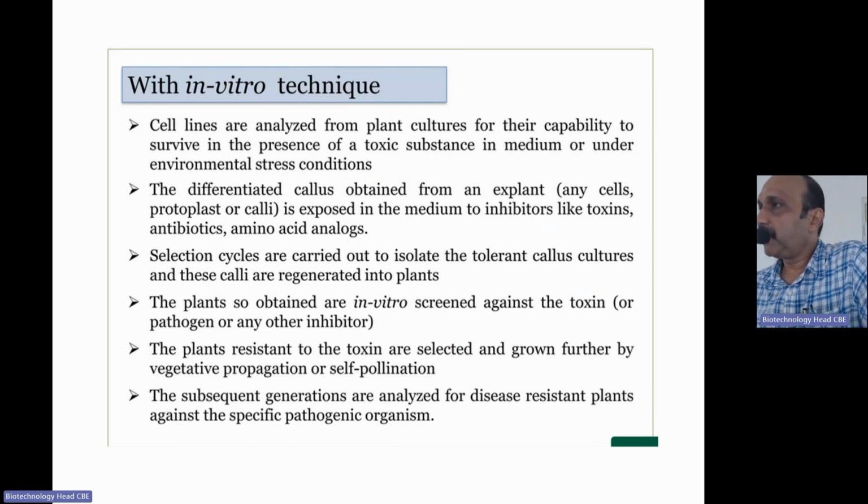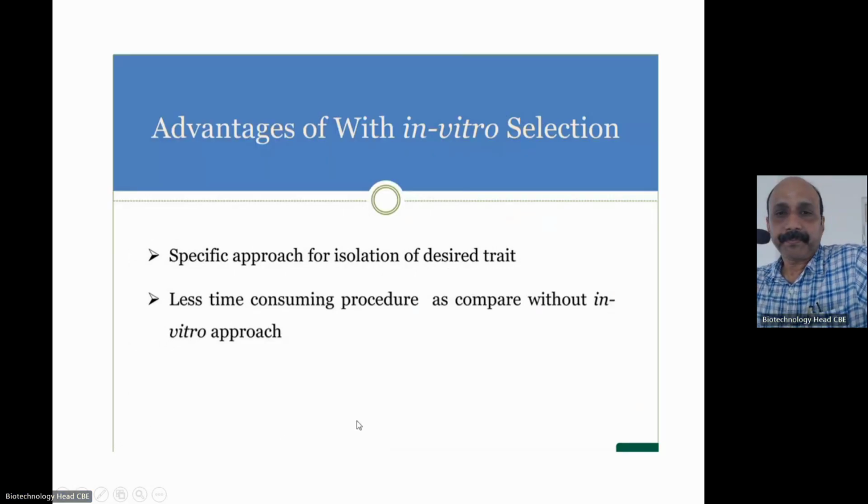Similarly, I expose these cultures to repeated cycles, isolate the tolerant callus cultures, and regenerate plants that are resistant to the selected toxin, and grow them further by vegetative propagation or self-pollination. Subsequent generations can then be analyzed for disease resistance or any of those characters that we are selecting.